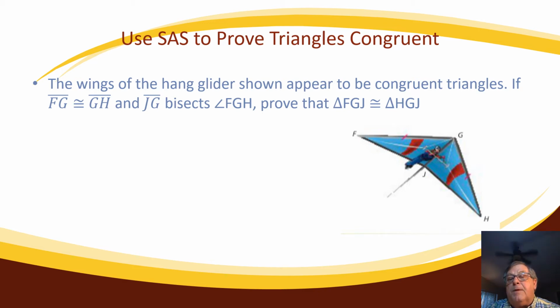Notice how G is the vertex of both triangles we're trying to prove congruent, being the middle letter in our description of the triangle, because order is important.